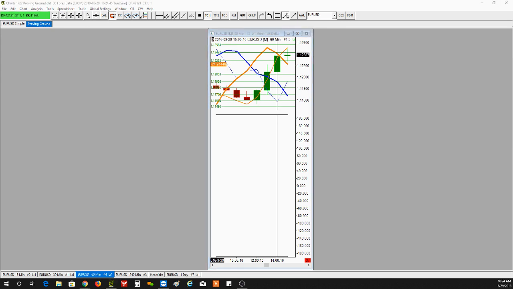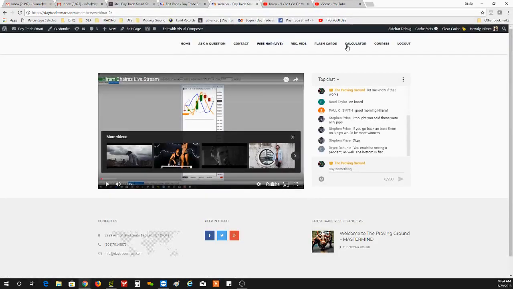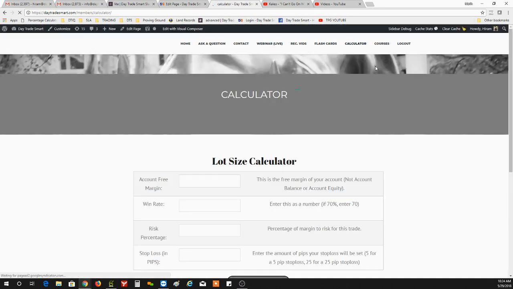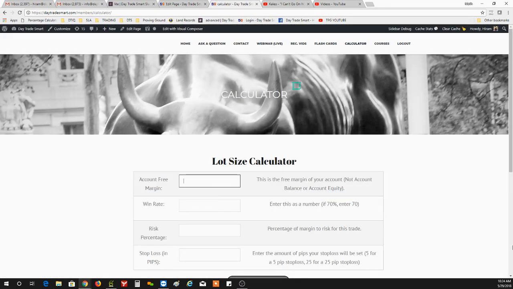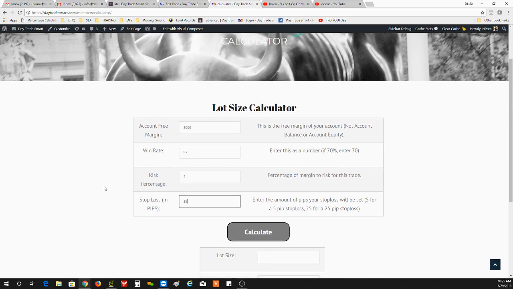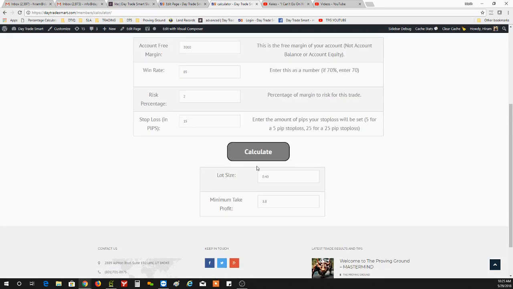So let's do the math here. Let me go to calculator. Let's say we've got a $3,000 account, win rate is 85%, and our stop loss is 15. Then we could use a minimum 3.8. So let's say 20.